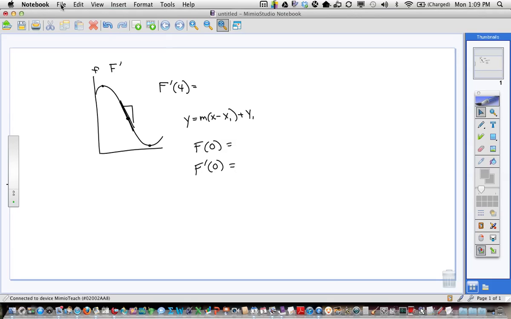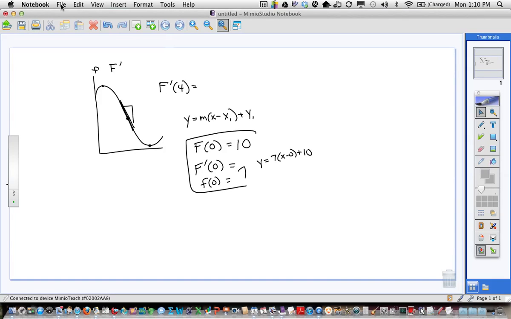Well, they told me big F of 0 was 10, right? And big F prime of 0 is nothing more than little f of 0, right? Little f of 0 I get right off the graph. That was 7. So once I have those two things, I got y equals 7, x minus 0, plus 10.